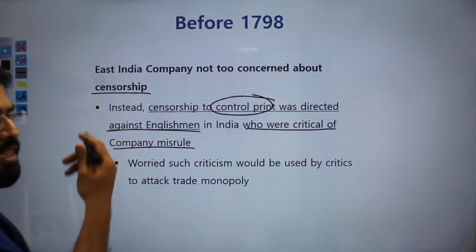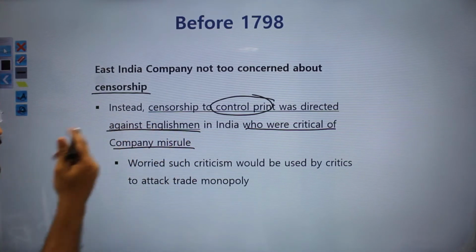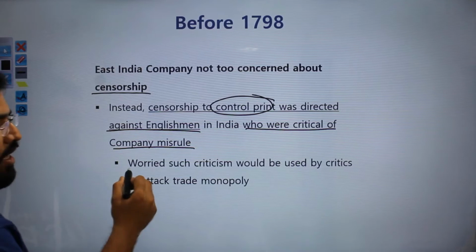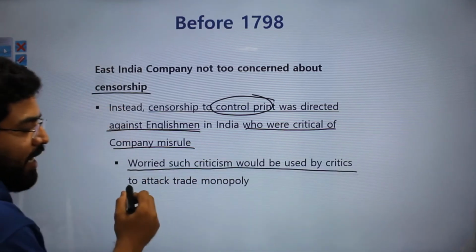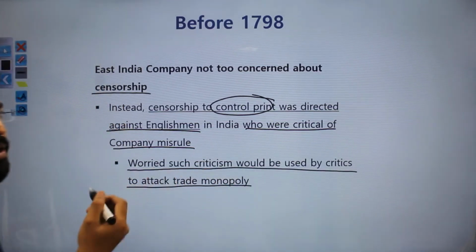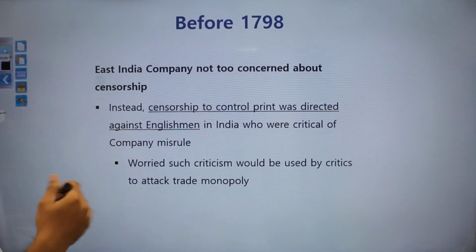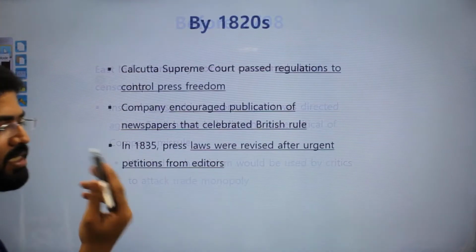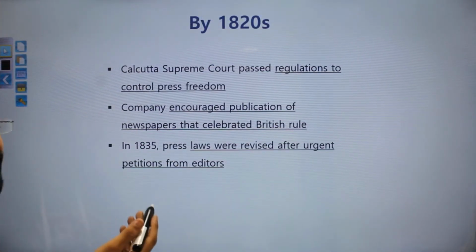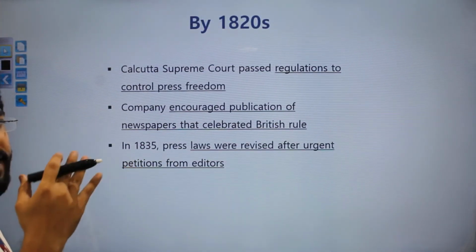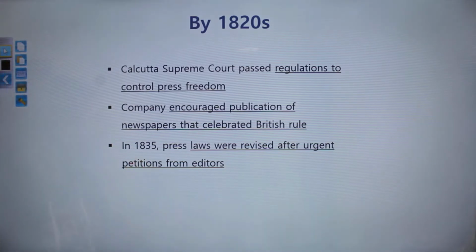They were worried that such criticism would be used by critics to attack the trade monopoly which the English had at that time. So instead of focusing on the nationalists of India, they were focusing more on censoring the Englishmen who were critical of the East India Company.